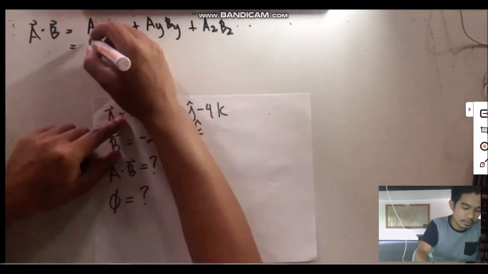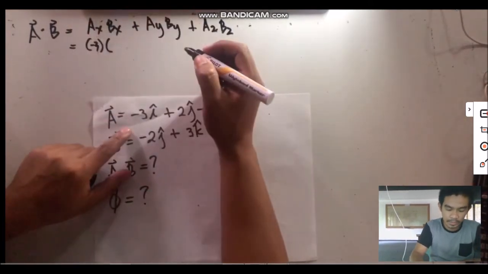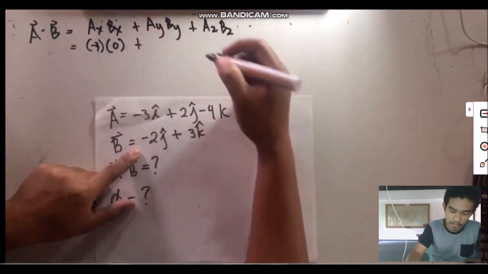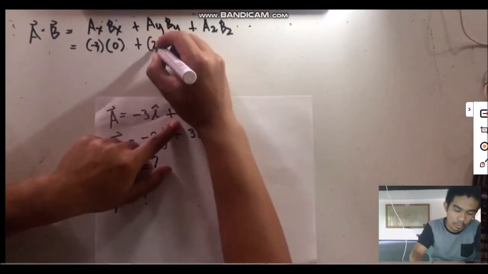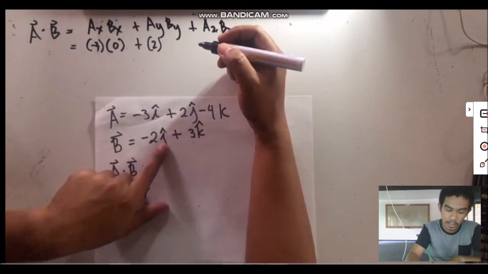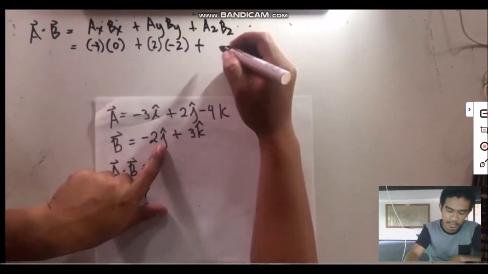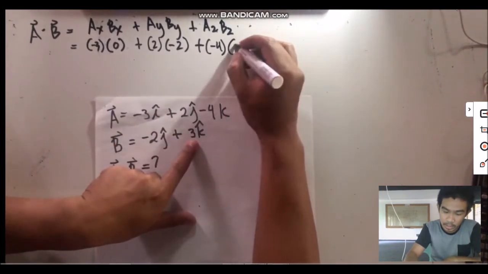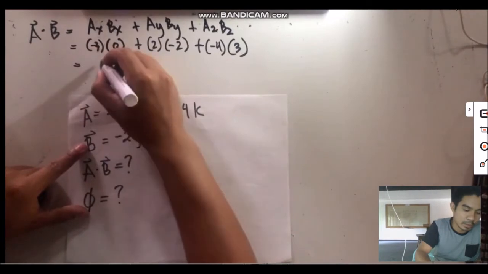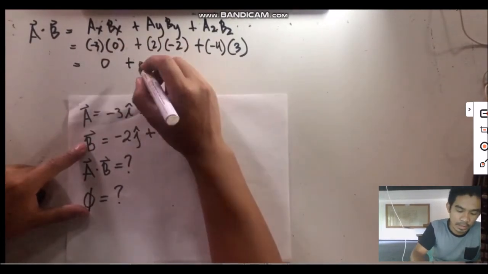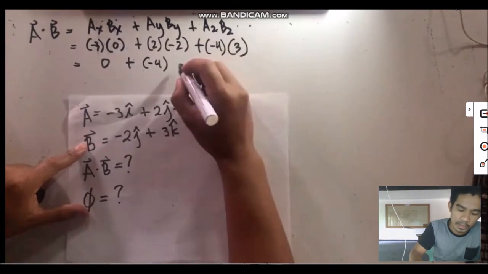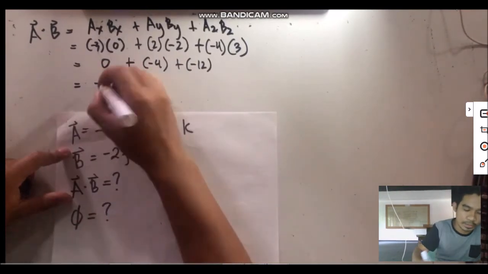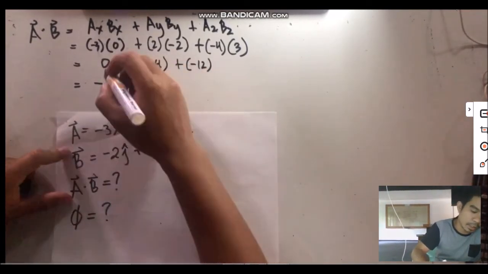A of x is -3, b of x is 0, there's no x component, and then plus a of y is 2, b of y is -2, plus az is -4, bz is 3. Alright, so this is equal to 0 plus -4 plus -12. So we have -4 plus -12, -16.